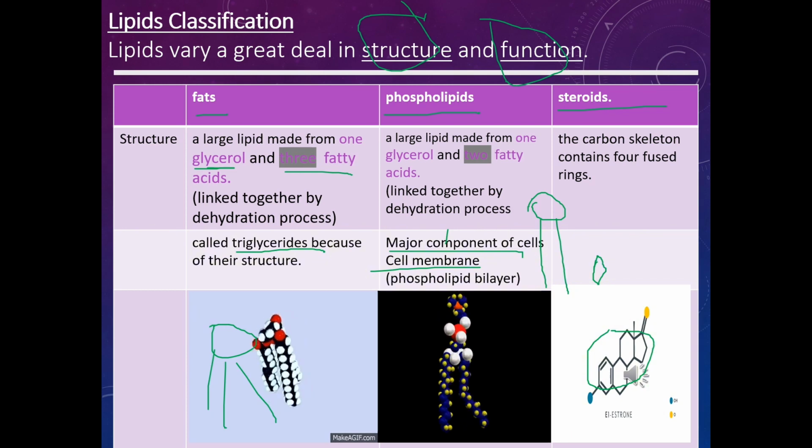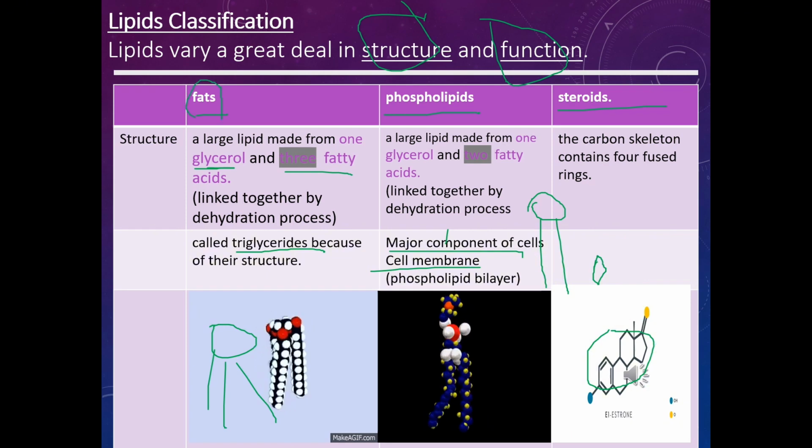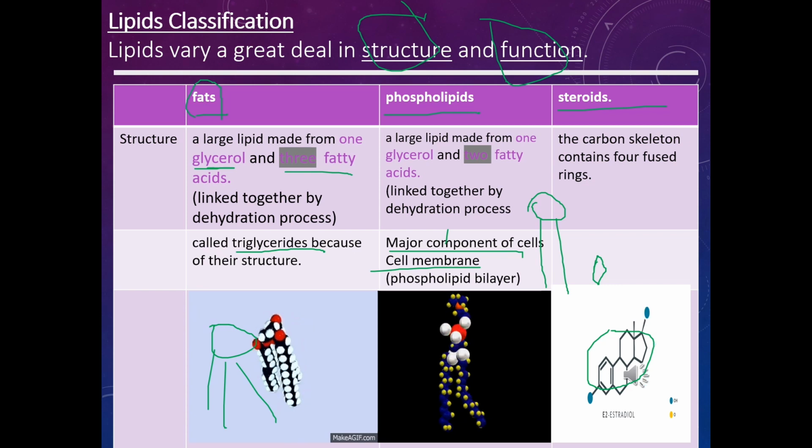For example, amino acids together give protein, and monosaccharides give glucose, the carbohydrates. So it's not like that. It's not that much of a polymer, because it doesn't have monomers. It has some units connected to each other by the dehydration process, and it's not that big like the other macromolecules.